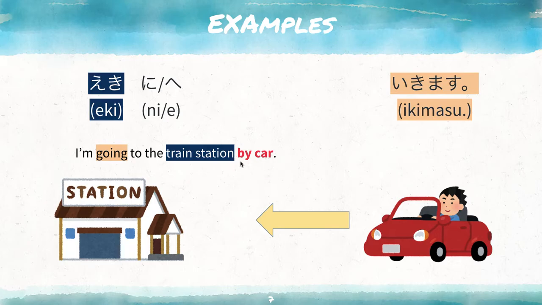This red letter is missing from the Japanese sentence. If you want to add the detail that he's taking a car, it will be eki ni kuruma de ikimasu, because kuruma means car. So if you put it all together, it will be eki ni kuruma de ikimasu.